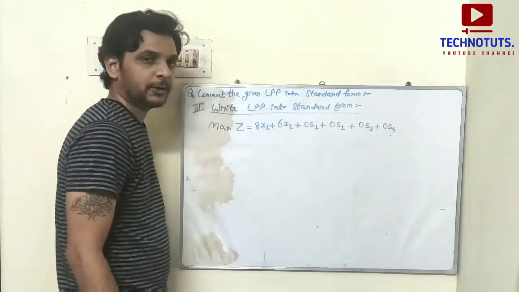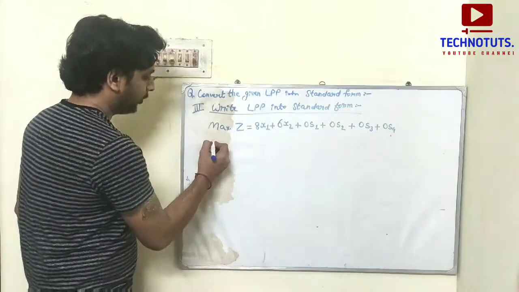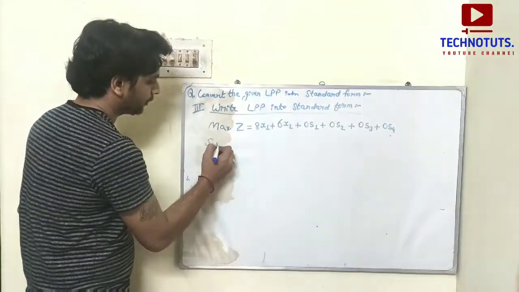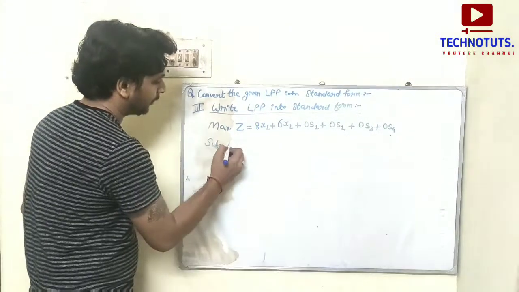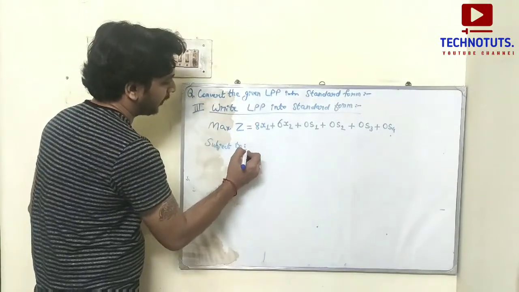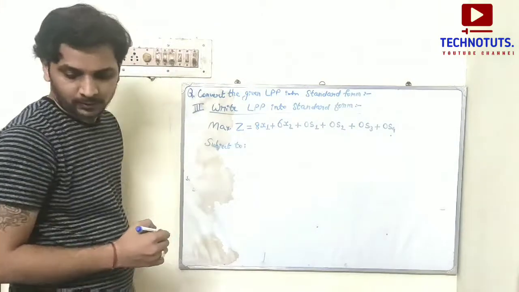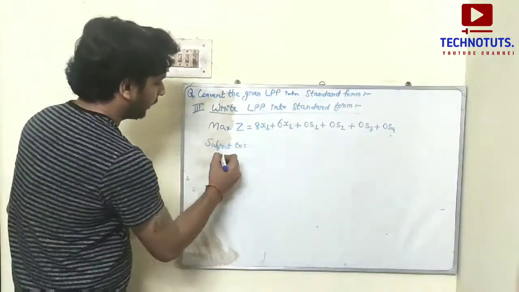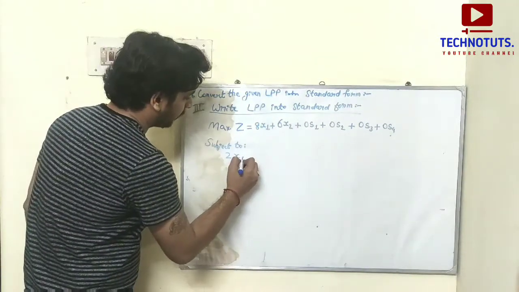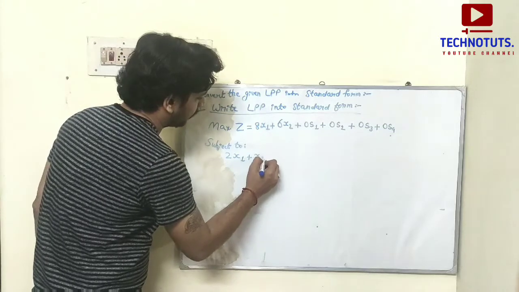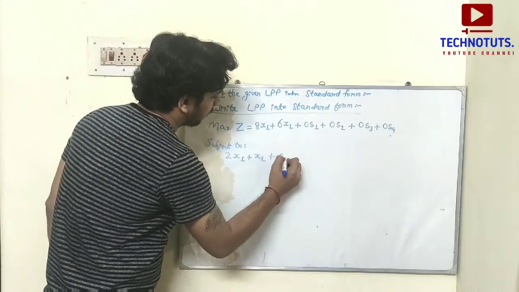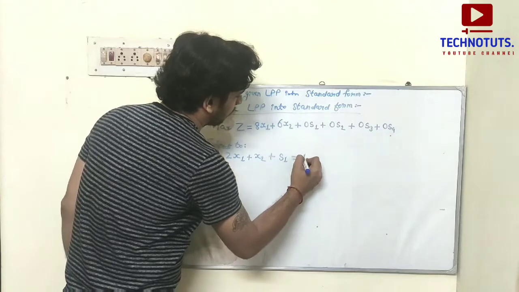This is the objective function which is subject to constraints. What are the constraints? The first equation is 2x1 plus x2 plus s1 is equal to 1000.